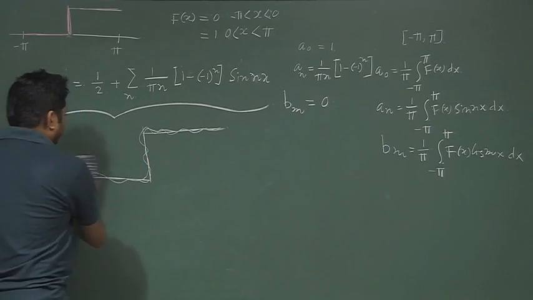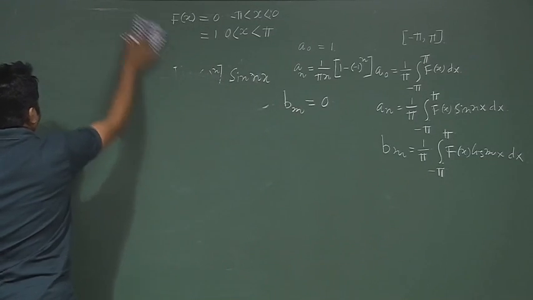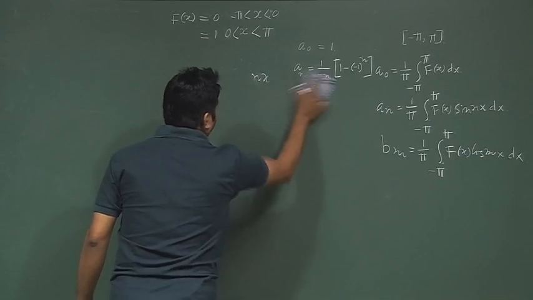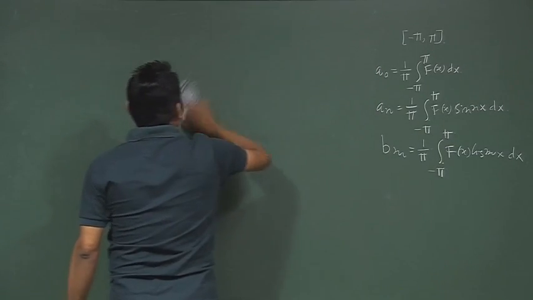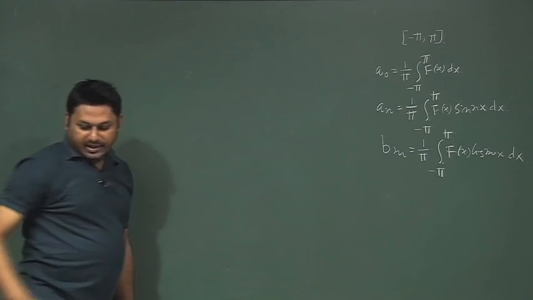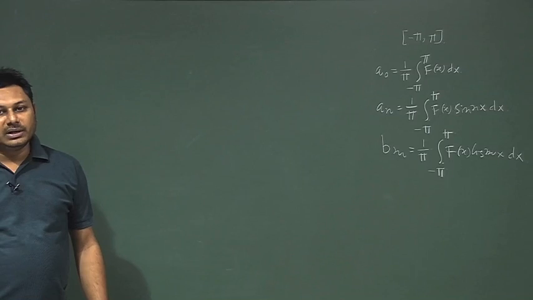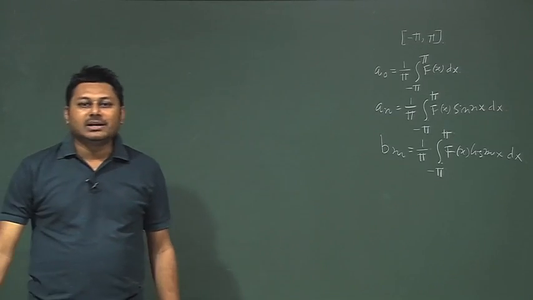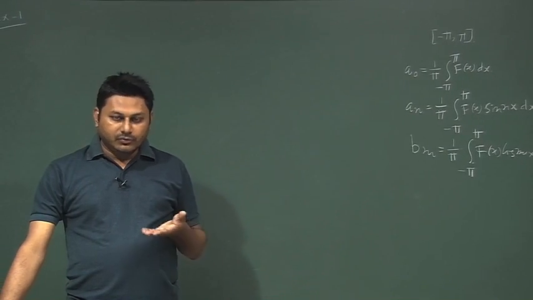Okay. After this example, we will go to another example. And this is a straightforward way to calculate the Fourier series. In the exam or in your exercise, maybe you are asked to calculate the Fourier coefficient, or you are asked to expand a given function in Fourier series.